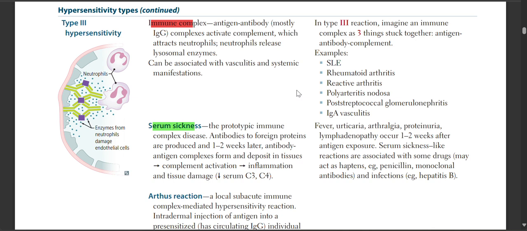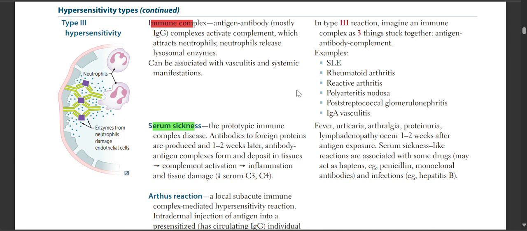They get attached to a molecule, it causes activation. Someone took a medication, had serum sickness, their body produced a lot of antibodies, they deposited in various locations, and then because of the deposition, they developed symptoms.